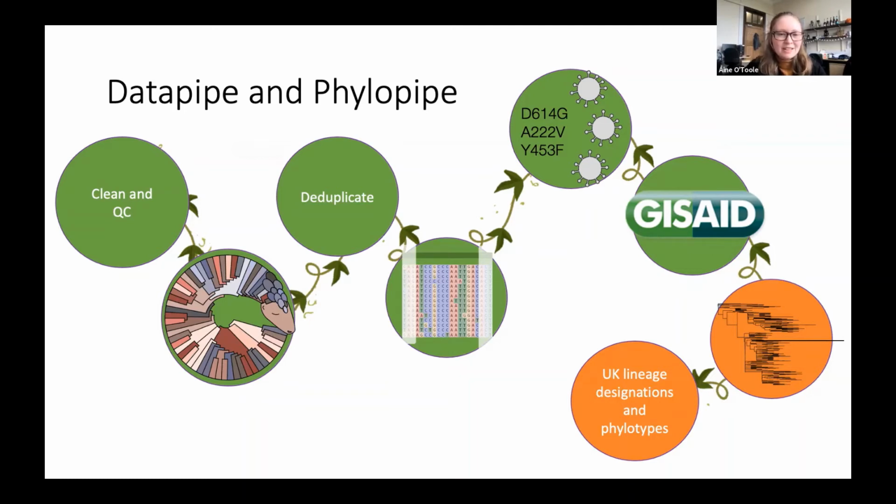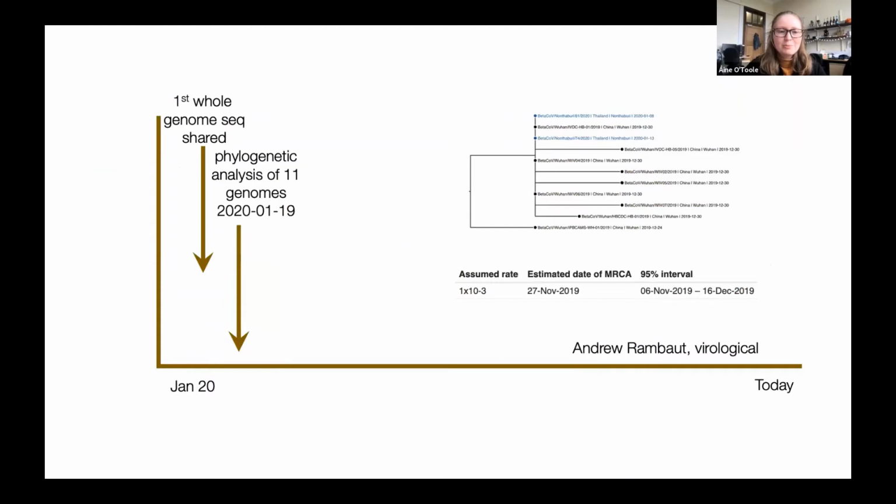We call all variants for each sample, and we combine all the UK data with those from GISAID, which have been processed very similarly. We then build a maximum likelihood tree and use this to infer UK lineages and phylotypes, which get added back into the metadata for further analysis. This pipeline's had to adapt considerably over time to scale.